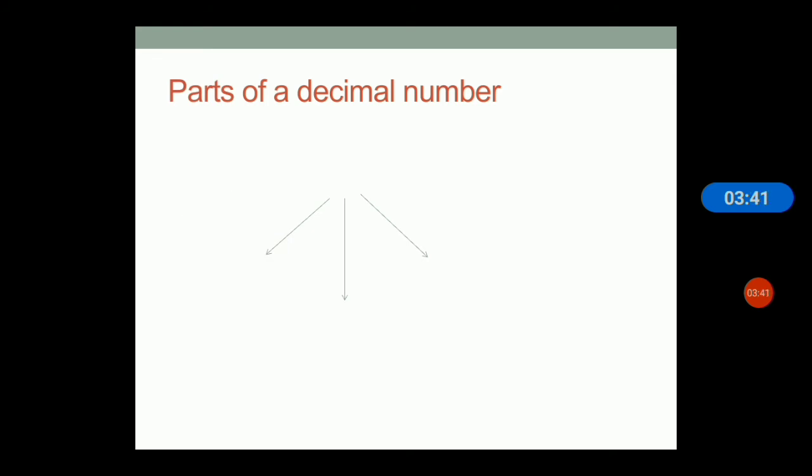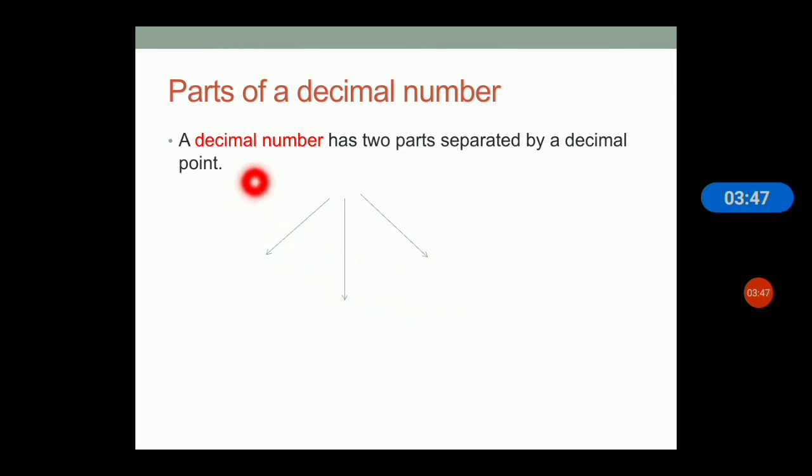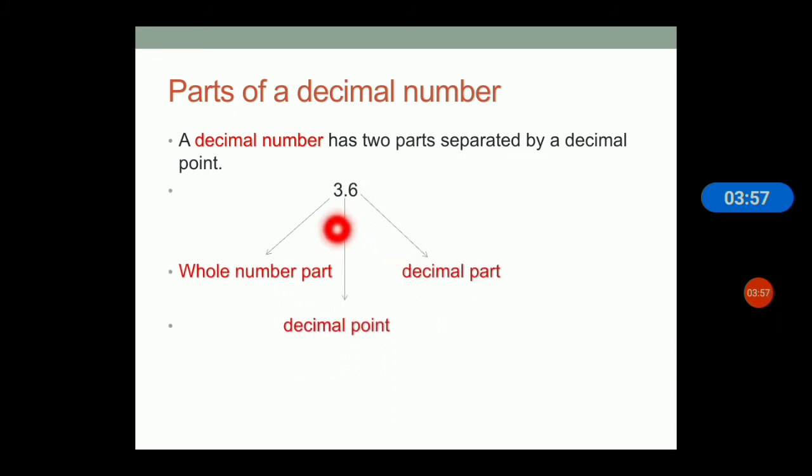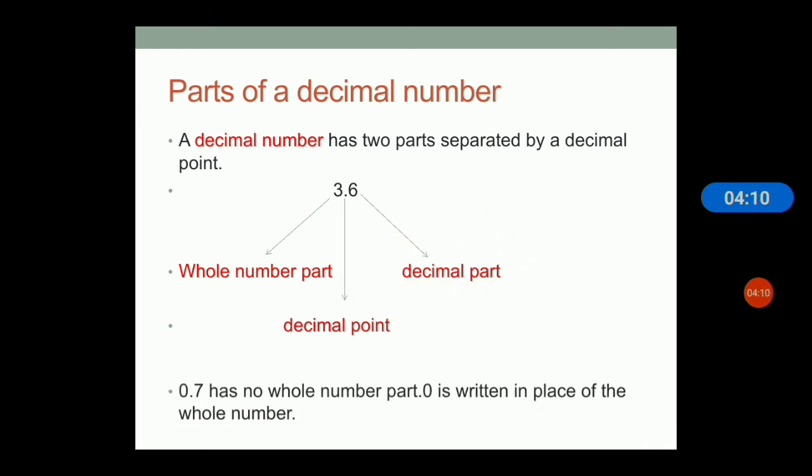What do the parts actually mean? A decimal number has two parts: one is the whole part, and another is the decimal part. In 3.6, the 3 is the whole number part, then the decimal point, and the 6 is the decimal part.